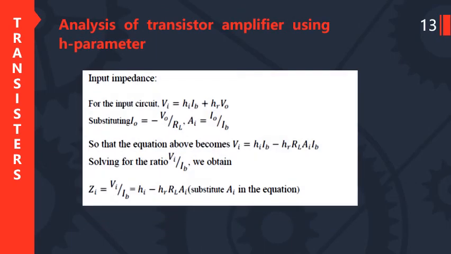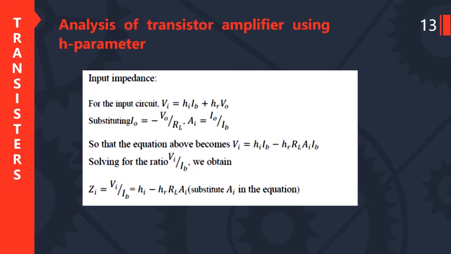Next, we can find out the input impedance. For the input circuit, VI is equal to HI into IB plus HR into V0. Substituting I0 is equal to minus V0 divided by RL, or AI is equal to I0 by IB, so that the equation above becomes VI is equal to HI into IB minus HR into RL into AI into IB.